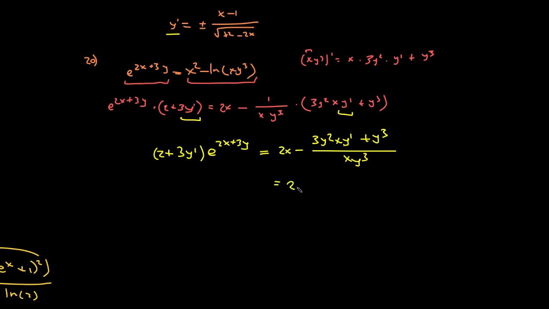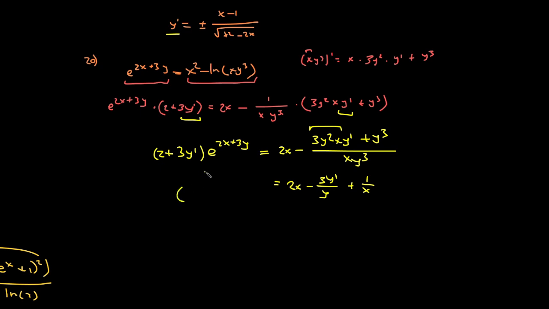So that's going to be 2x. First of all, let's look at this part. Here I can divide out the x, and I can reduce the power, so I can actually get 1 divided by y. So it's going to be 3 times y prime divided by y. And here I have to leave 1 over x.